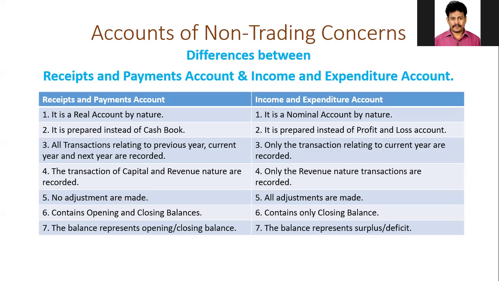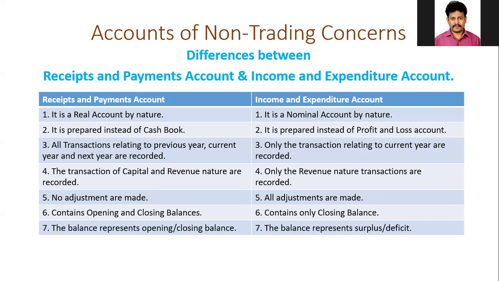But in income and expenditure account, only the revenue transactions are recorded. The items of revenue nature are only recorded in income and expenditure account. Then what about the capital items? All the items of capital nature will be directly taken into the balance sheet.